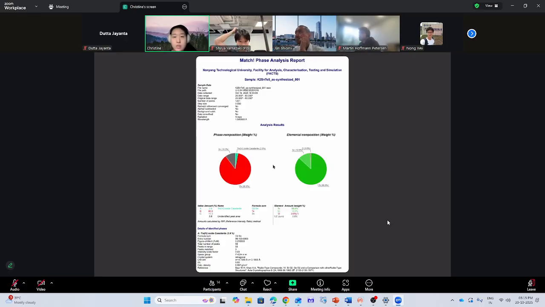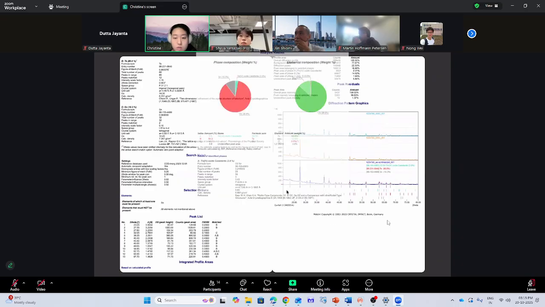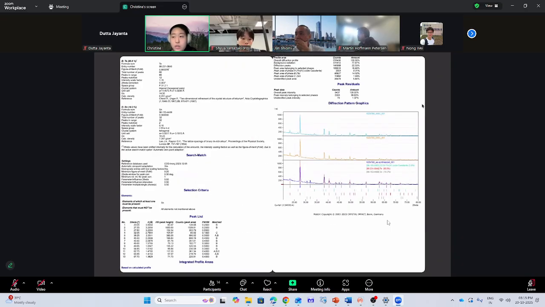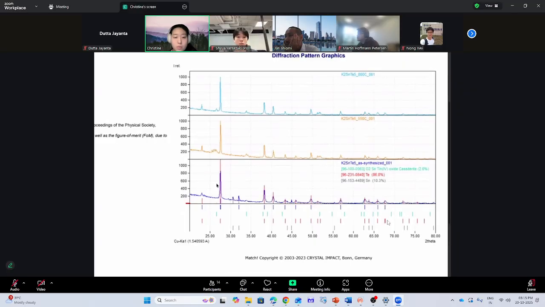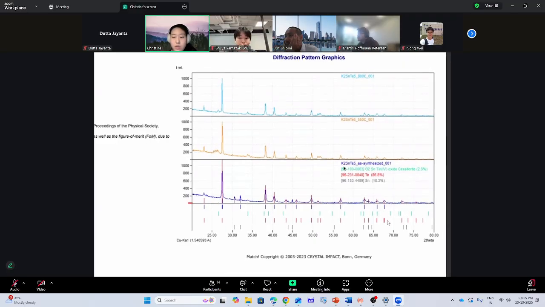So we synthesized K2SnTe5 and I will share the XRD data. The bottom is the precursor of the K2SnTe5, and we synthesized at 550 Celsius and at 800 degrees.